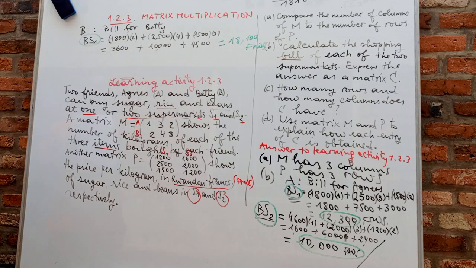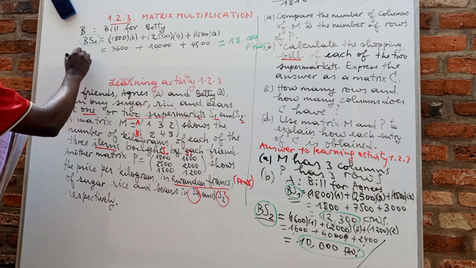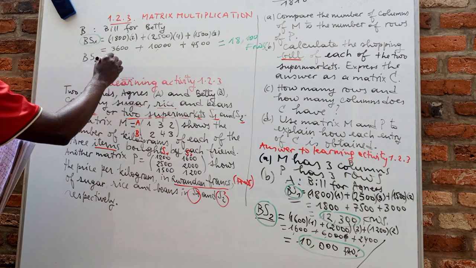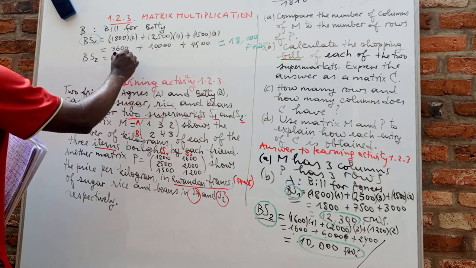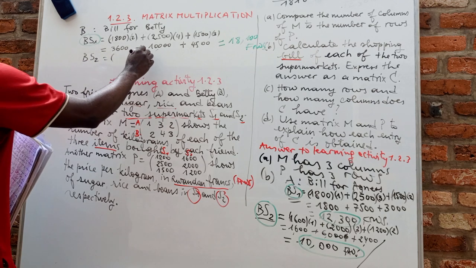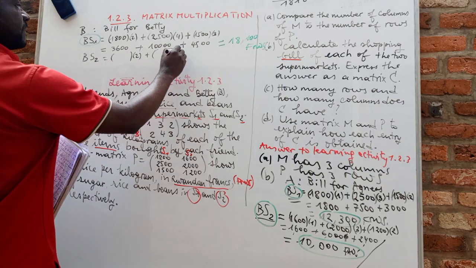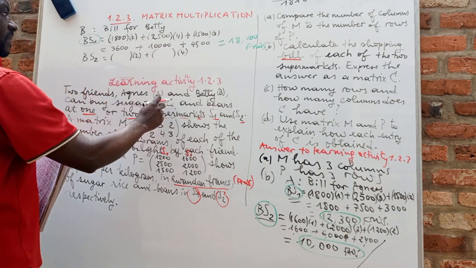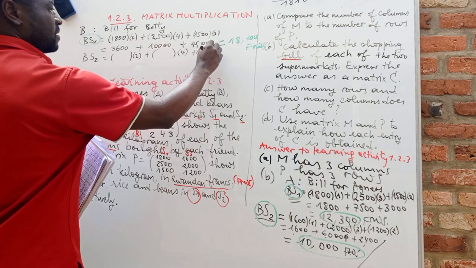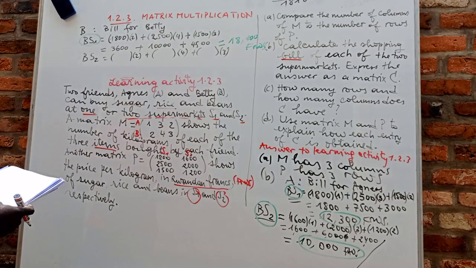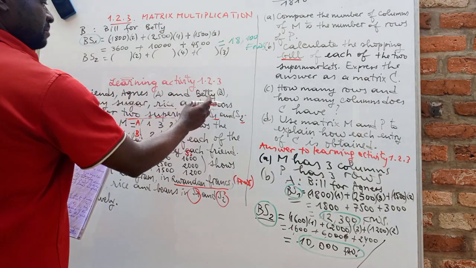Now, what about the second supermarket? Bill for Betty for the second supermarket. Still we have 2 kilos of sugar, 4 kilos of rice, and 3 kilos of beans.